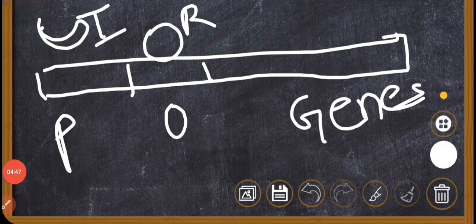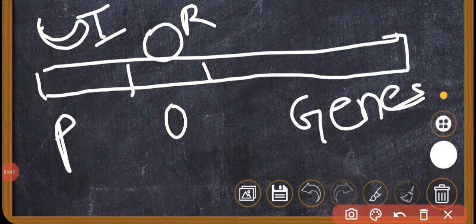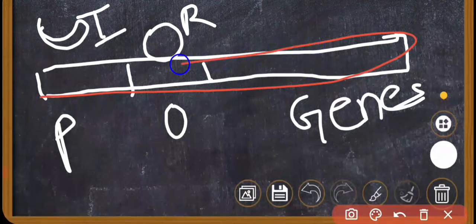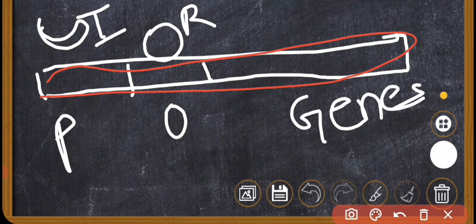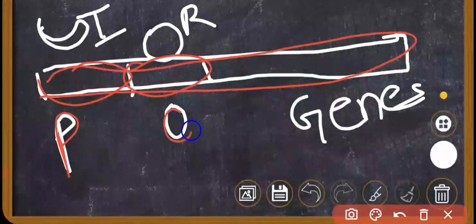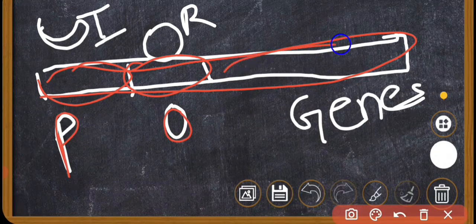Suppose this is a gene, and here this region is called the promoter, which is denoted P, and this region is the operator, which is denoted O, and this is the gene which needs to be transcribed.